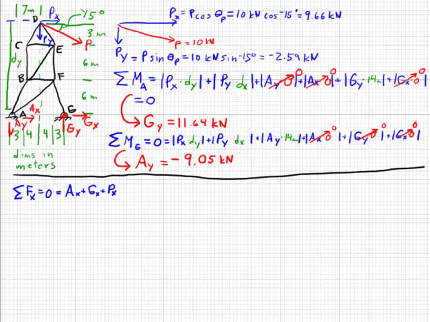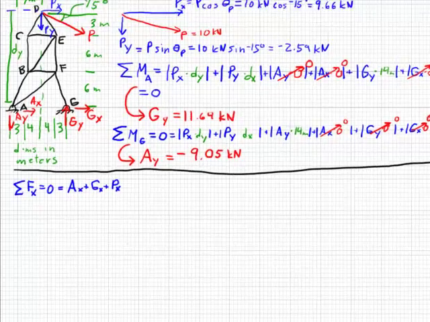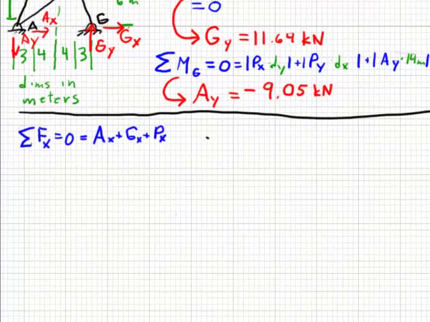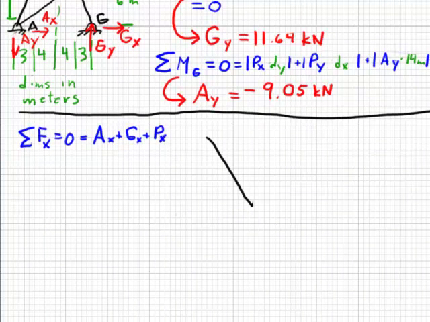Let's mark off this section here. This strut FG, because it's a pin-loaded structure with only 2 pins, it has only 2 locations for these forces, and the forces at this pin.